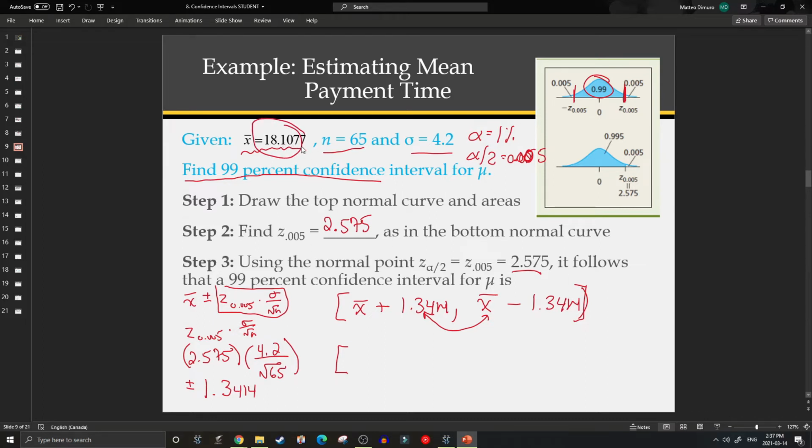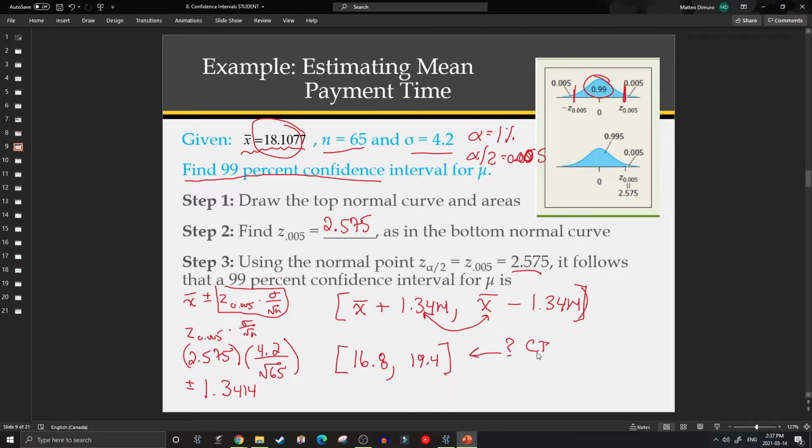Okay, so here's x bar, so go 18.1077 and then subtract 1.3414, and you should get 16.8. All right. Now go x bar plus that number, so 18.1077 plus that number, and you get 19.4.